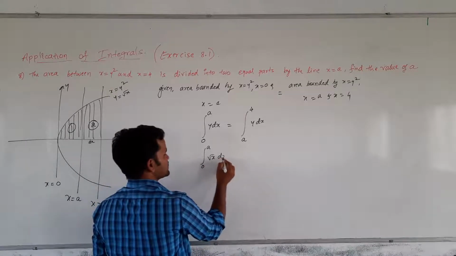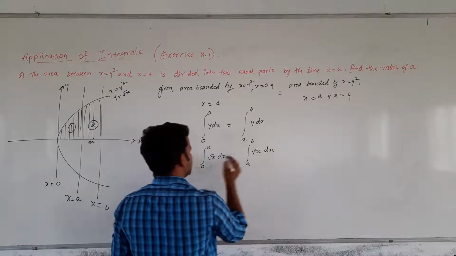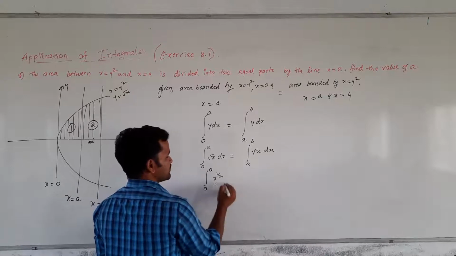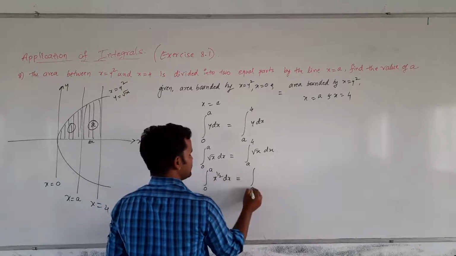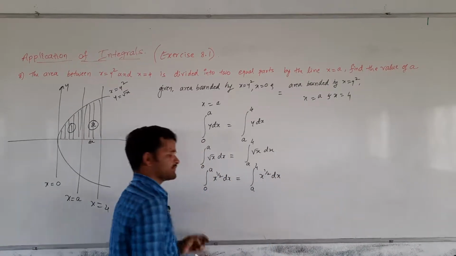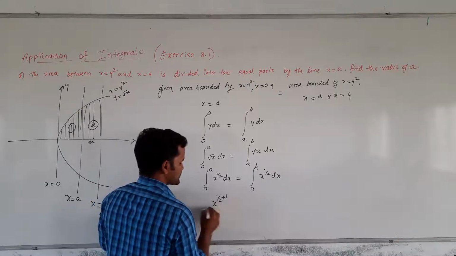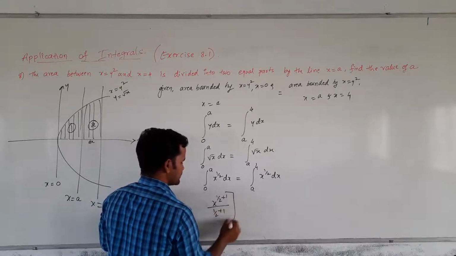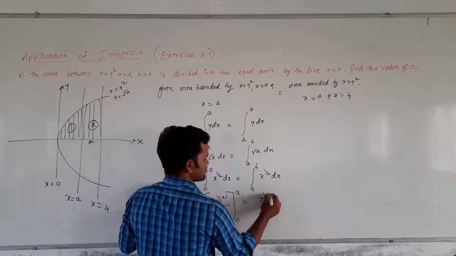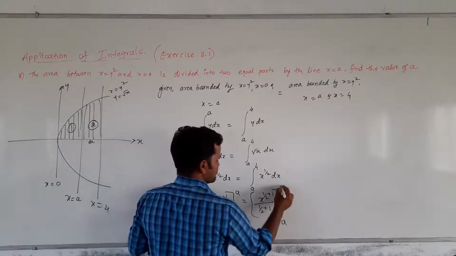Y is equal to root x into dx. This is a to 4 root x into dx. Root x is x raised to 1 by 2 into dx. X raised to 1 by 2 integration: x raised to 1 by 2 plus 1 by 1 by 2 plus 1, from 0 to a, which is equal to the right hand side x raised to 1 by 2 plus 1 by 1 by 2 plus 1 from a to 4.